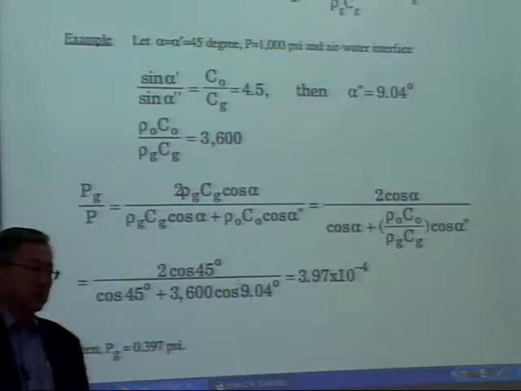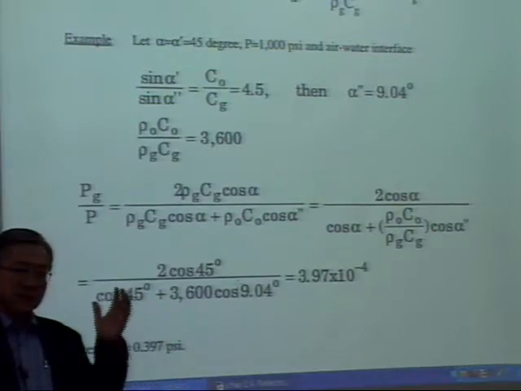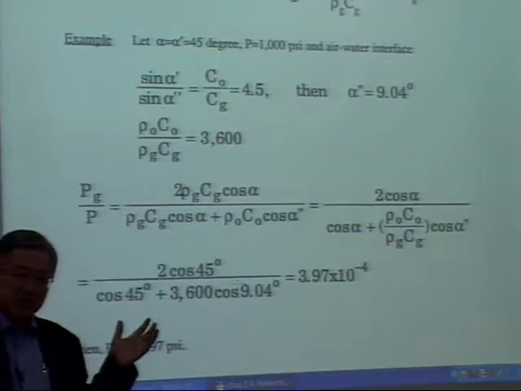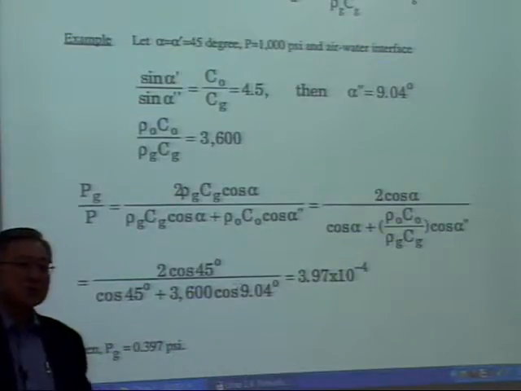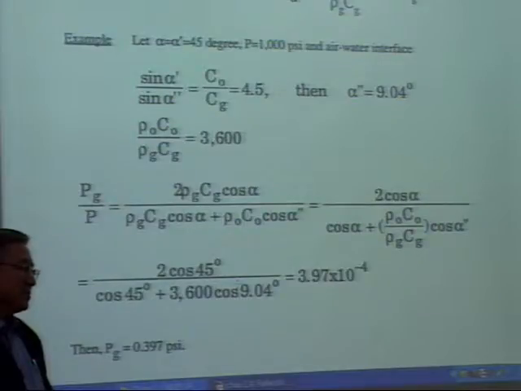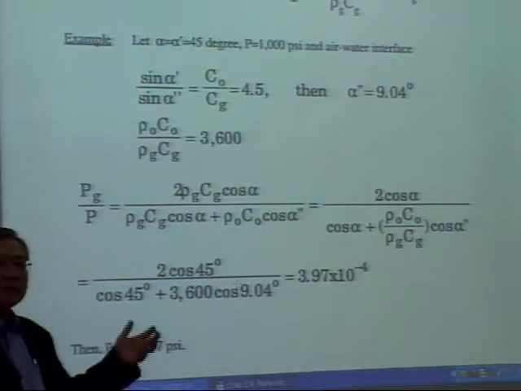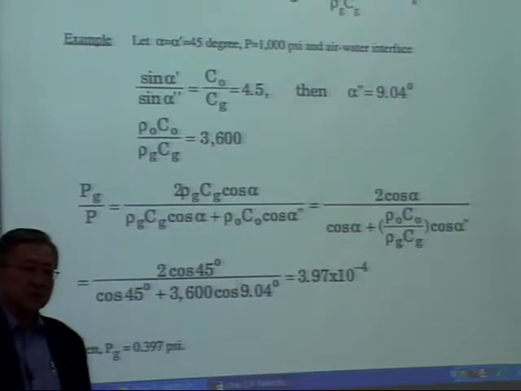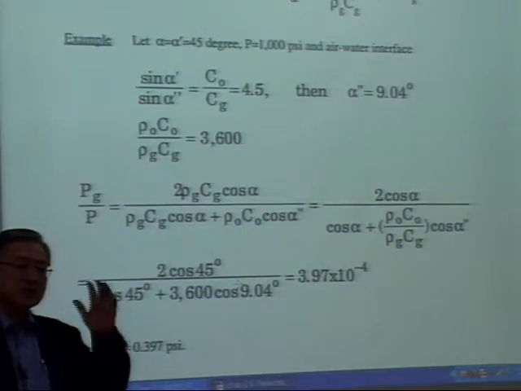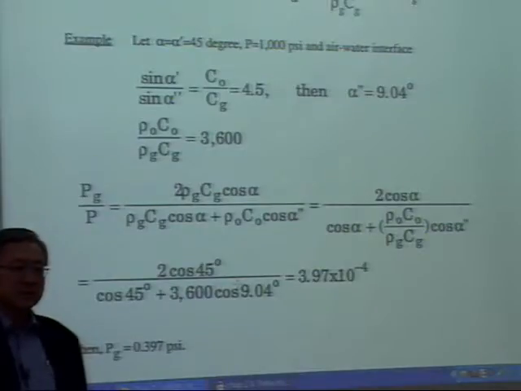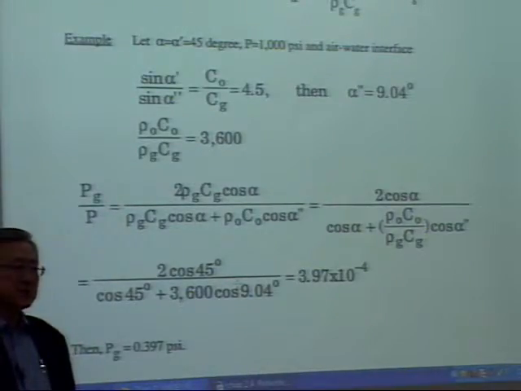But the amount of the pressure escaping into the air is how much? 0.4 psi, 0.4 megapascal. Very, very small. Almost nothing. What's the atmospheric pressure?